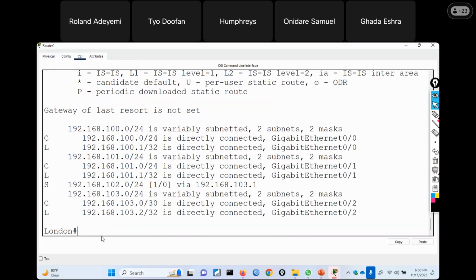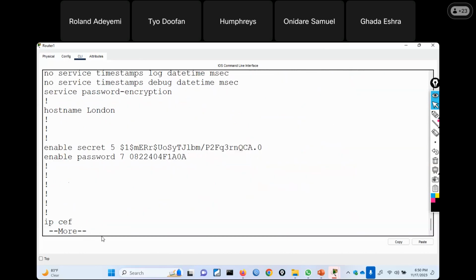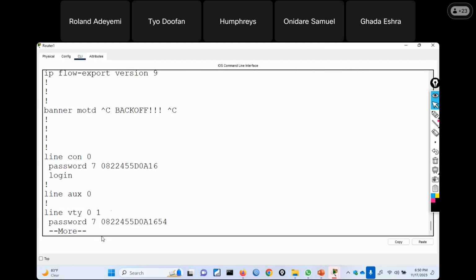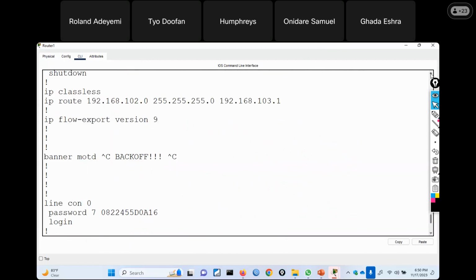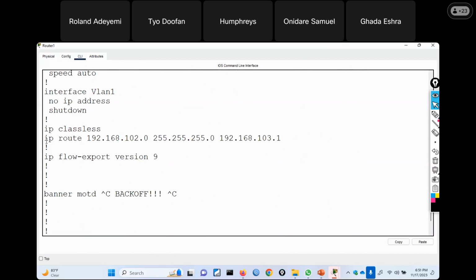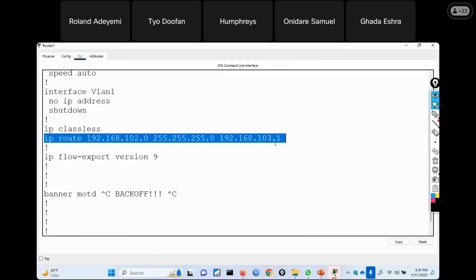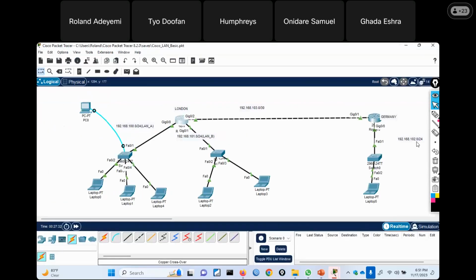Okay, let me do something. Yeah, that shouldn't be a challenge. That is slash 24. The other is slash 24. This is slash 24.